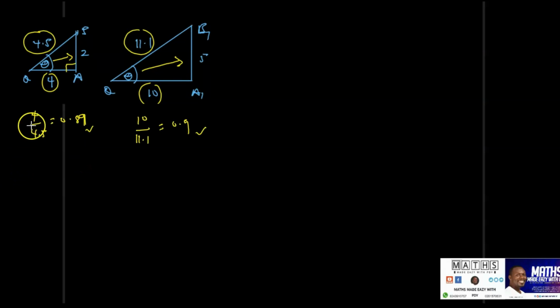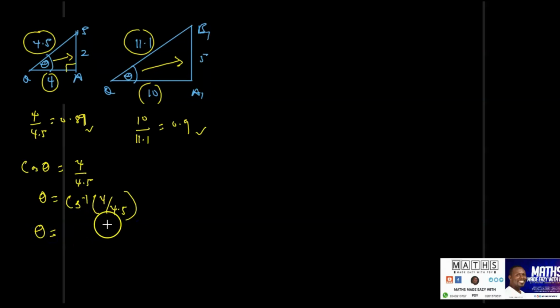Good. Now, we have sine, and this time we are talking about cosine. So let's find cos of the angle theta. Let's say that we don't know the angle. It's equal to 4 over 4.5. Therefore, to get theta, theta is equal to cos inverse of 4 over 4.5. Can you use your calculator to help me with the investigation here?